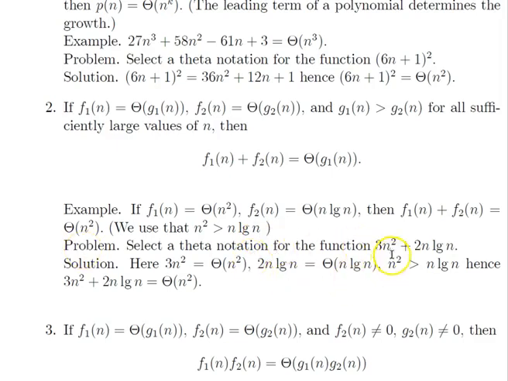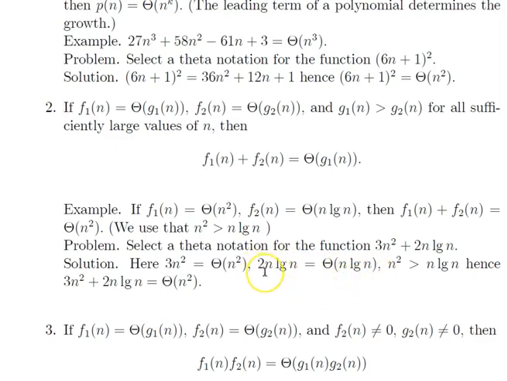In this problem, select theta notation for this function. 3n squared is equal to theta n squared. 2 n logarithm of n is equal to theta n logarithm of n.